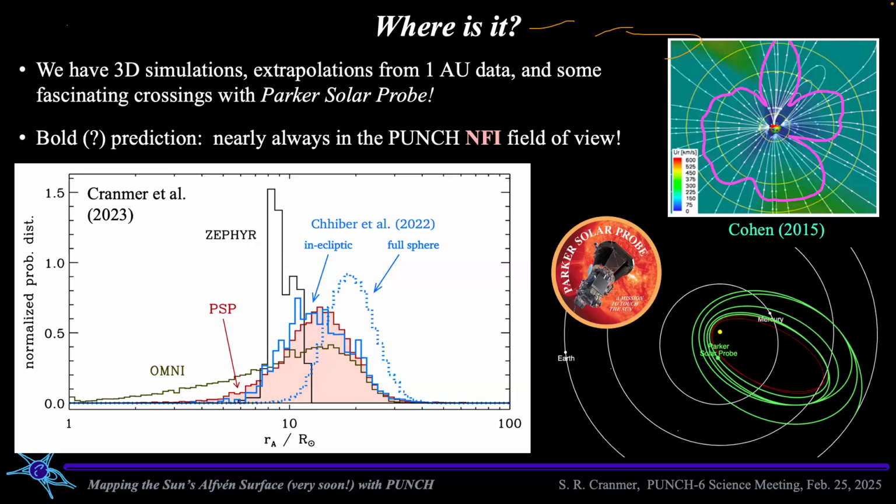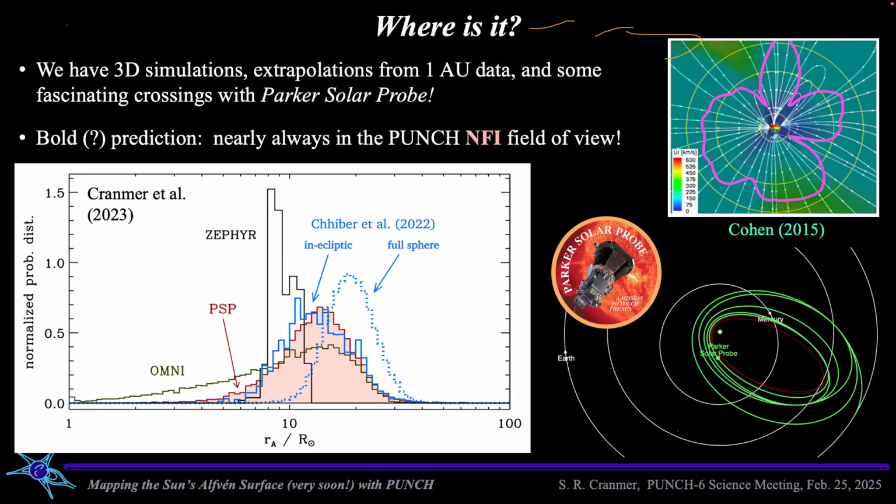My bold, not so bold prediction is that PUNCH is really ideally suited to be an Alfvén surface measurement tool, because something between 10 and 20 solar radii really is the sweet spot for where we've now started to see the Alfvén surface.